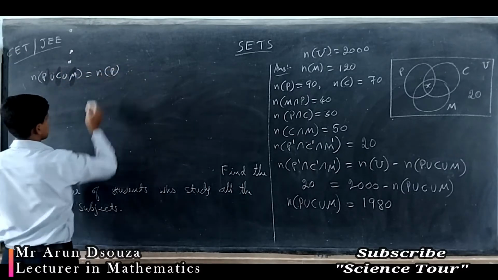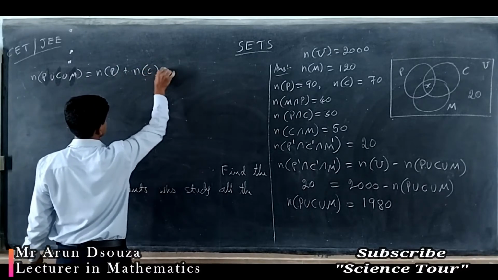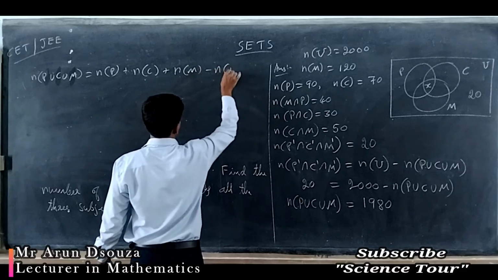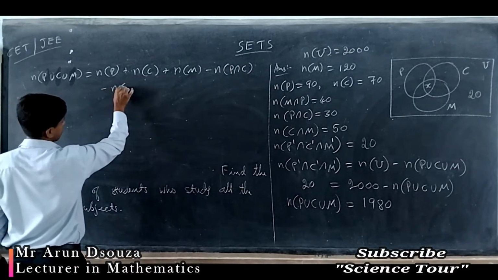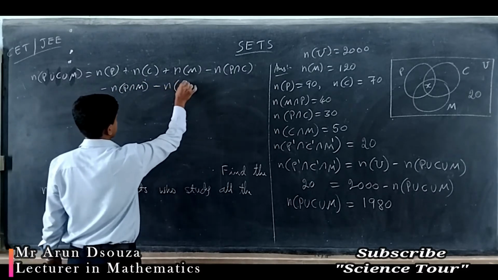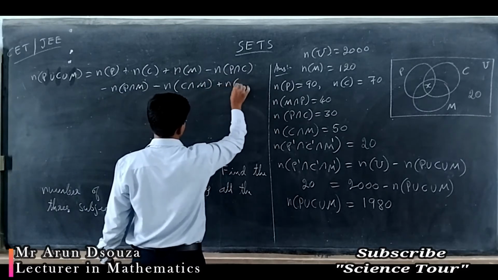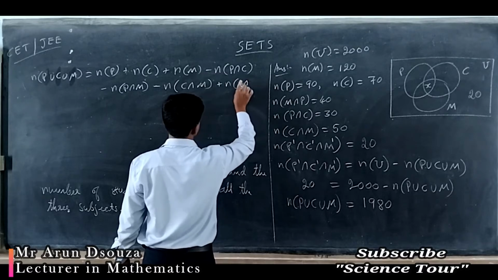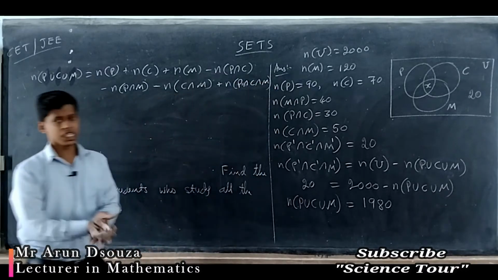So this is n of P plus n of C plus n of M minus n of P intersection C minus n of P intersection M minus n of C intersection M plus n of P intersection C intersection M, the intersection of all the three.